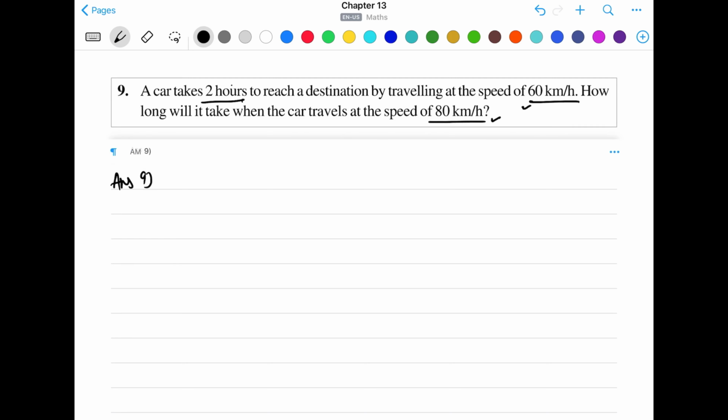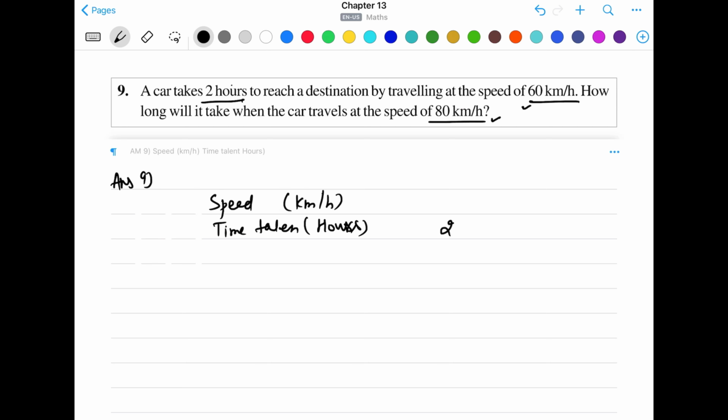Let's first write the information in the form of a table. We have the speed of the vehicle and the number of hours. We'll represent this in a table: speed, in kilometers per hour, and time taken, in hours.